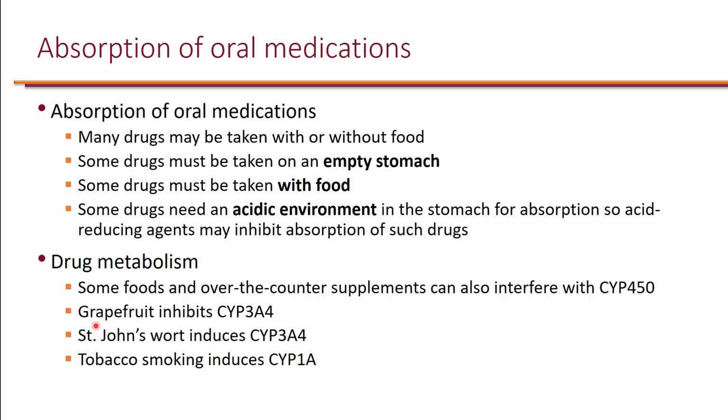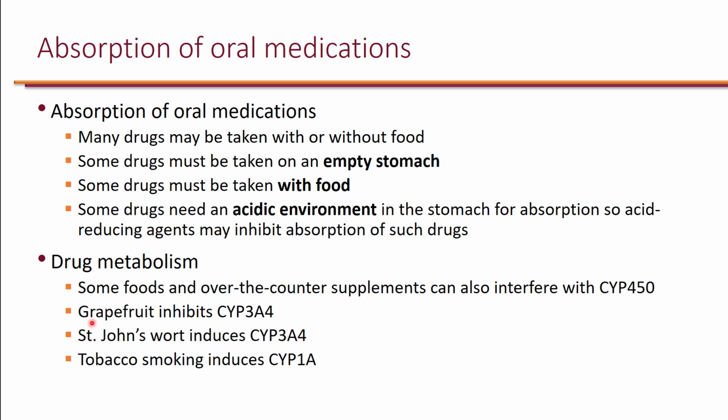Some of the most common ones that you absolutely need to know is that grapefruit is actually an inhibitor of CYP3A4. So remember, CYP3A4 is the most common CYP enzyme that metabolizes drugs. So that's a fruit that will interact with any drug that's a substrate of 3A4. An over-the-counter supplement is St. John's wort, which is an inducer of CYP3A4.